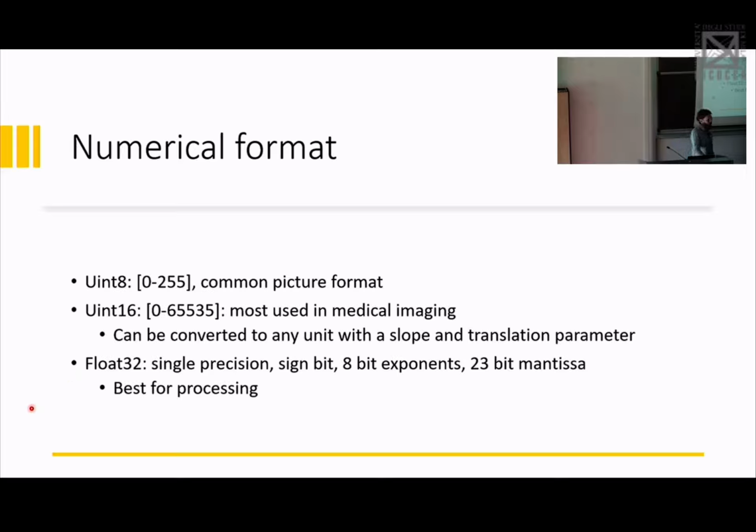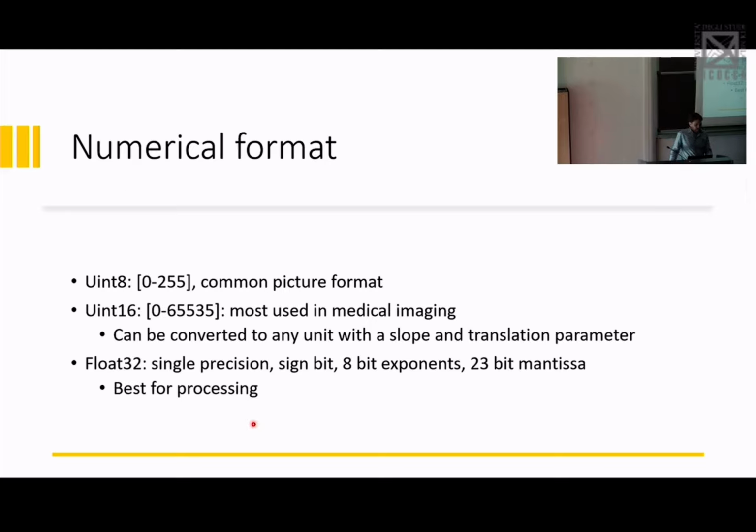Nowadays, sometimes for very high resolution formats like MR, sometimes they save also things in single precision, which takes 32 bits per pixel. Of course, these use double the space on disk. This used to be a very huge concern. Nowadays, not that much.